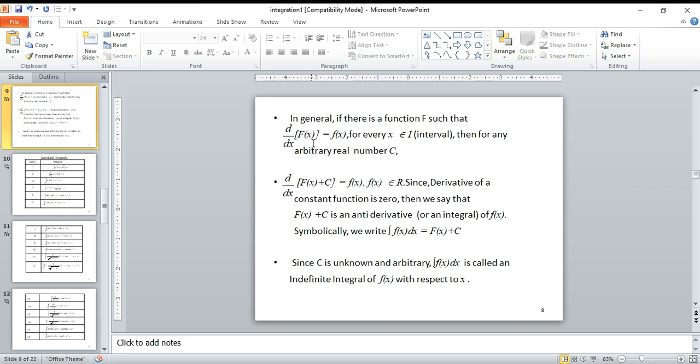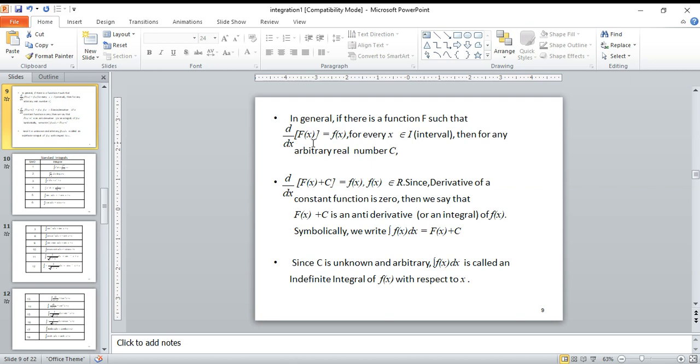See the second point: d by dx of F of x plus c is also f of x. And in the first point, d by dx of F of x is f of x. The derivative of F of x is f of x, and the derivative of F of x plus c is also f of x. Taking the derivative d by dx from the left side to the right side, it changes to integration.